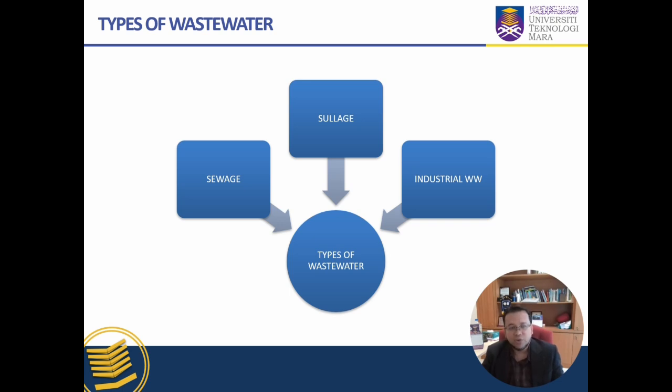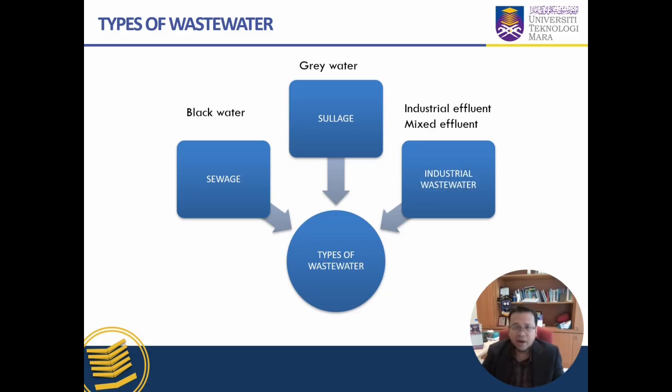So let's move on to the types of wastewater. There are several types of wastewater, and understanding these categories helps us decide what treatment processes are necessary. Generally, wastewater is grouped into domestic wastewater, industrial wastewater, commercial wastewater, and stormwater runoff.